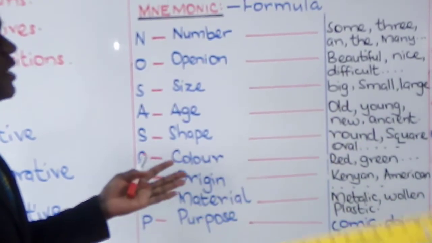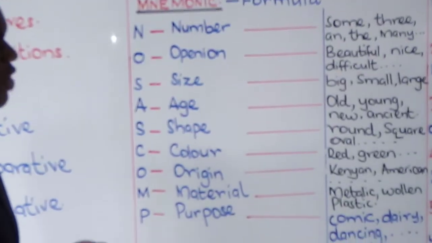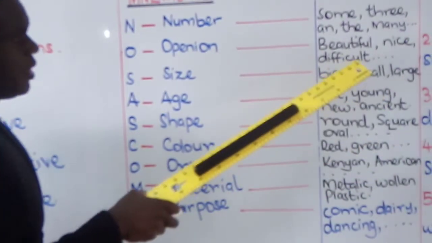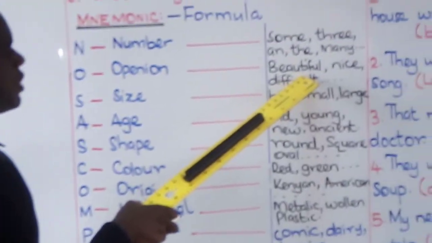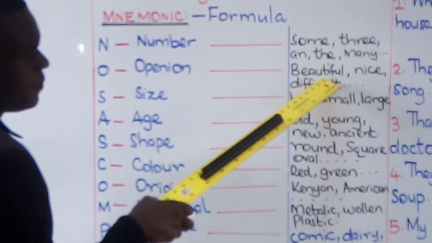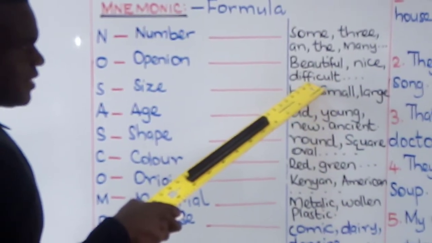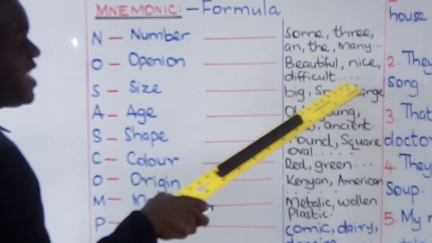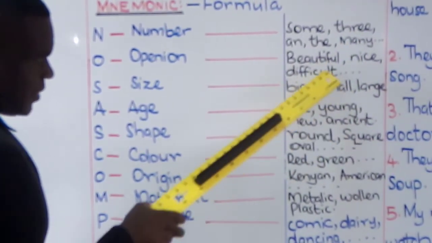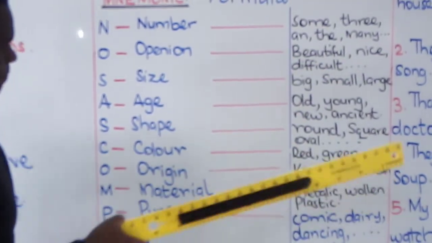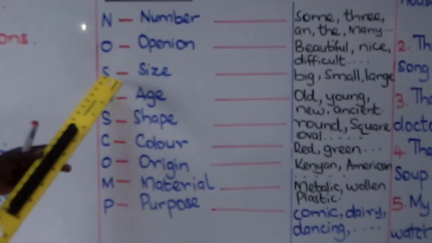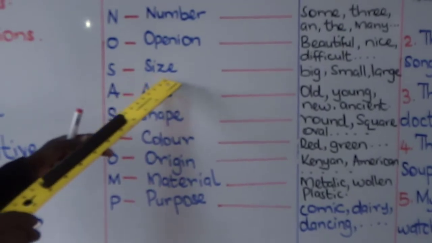And all opinions are relative depending on the person that is talking. So here we have beautiful, nice, difficult. You can add others, easy. Okay. S stands for size.